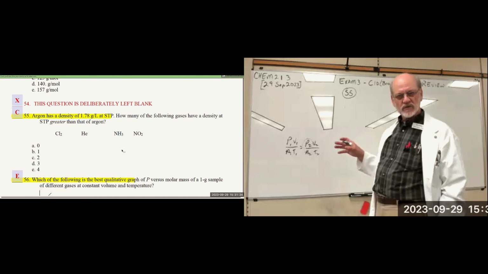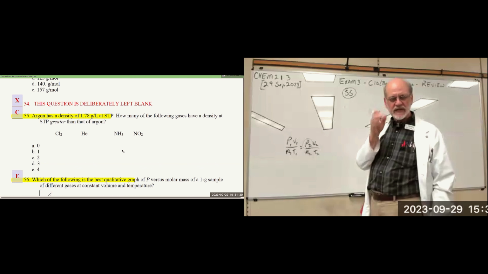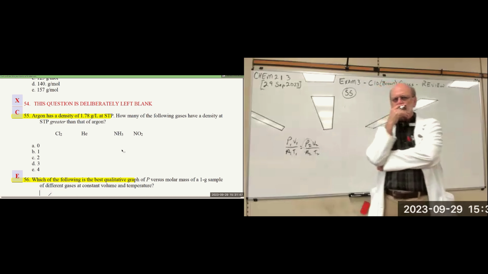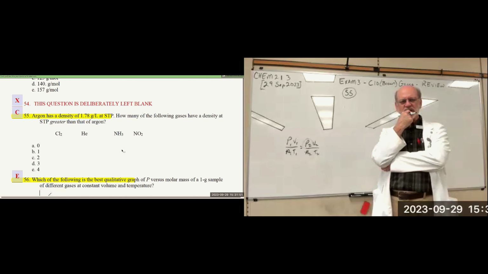Chlorine, helium, ammonia, and nitrogen dioxide. We want to calculate the density of each one of those at. You know what? We may not have to calculate the density.